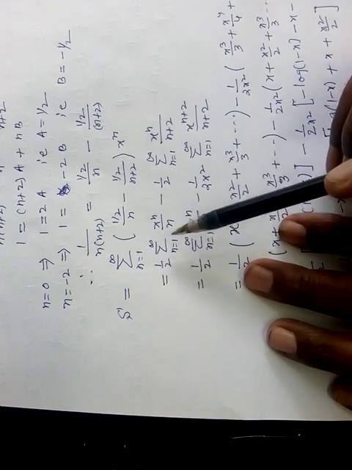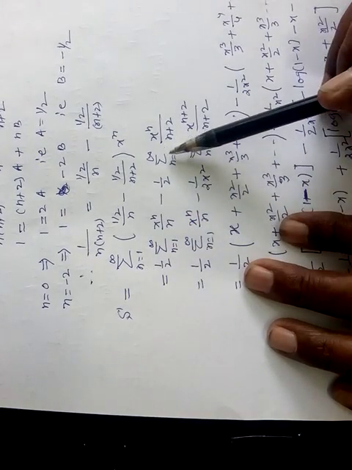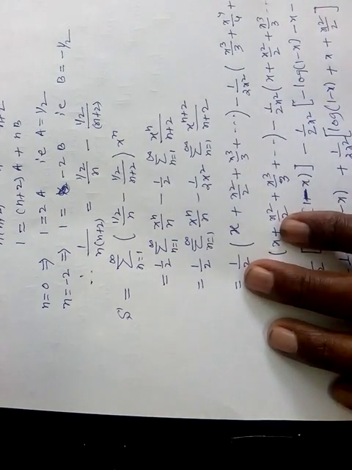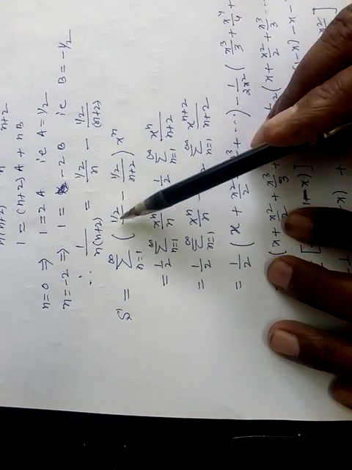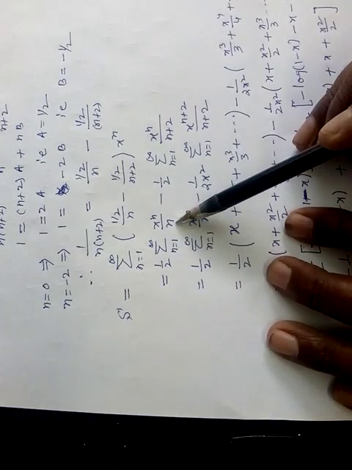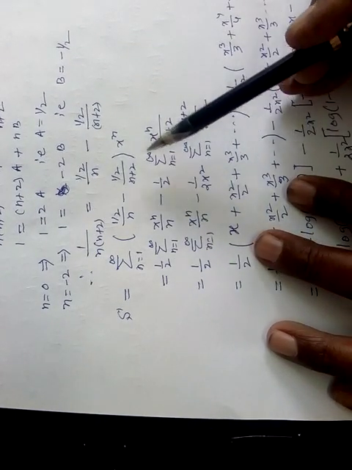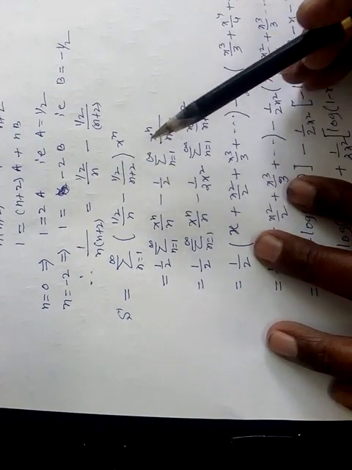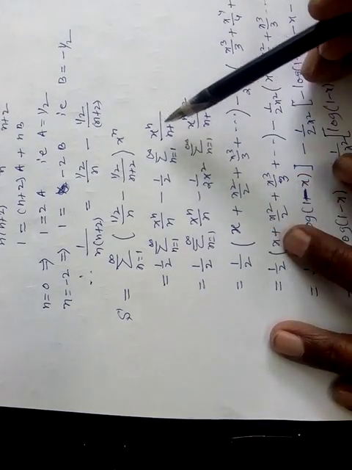Now I will take separate summations, and also that constant multiple I will take outside. Here this 1 by 2 I will take outside, and I will take a separate summation for the first term, and similarly a separate summation for the second term.